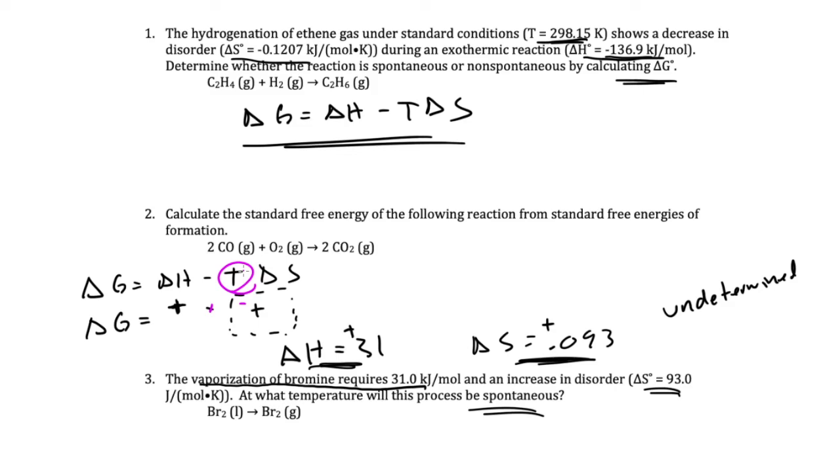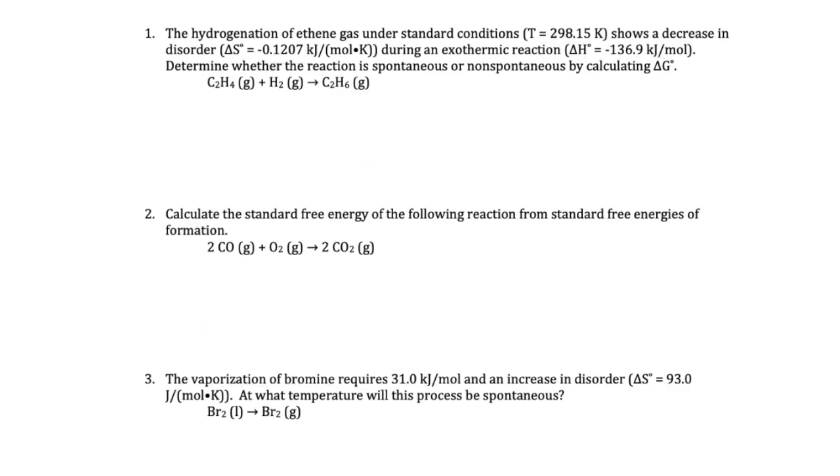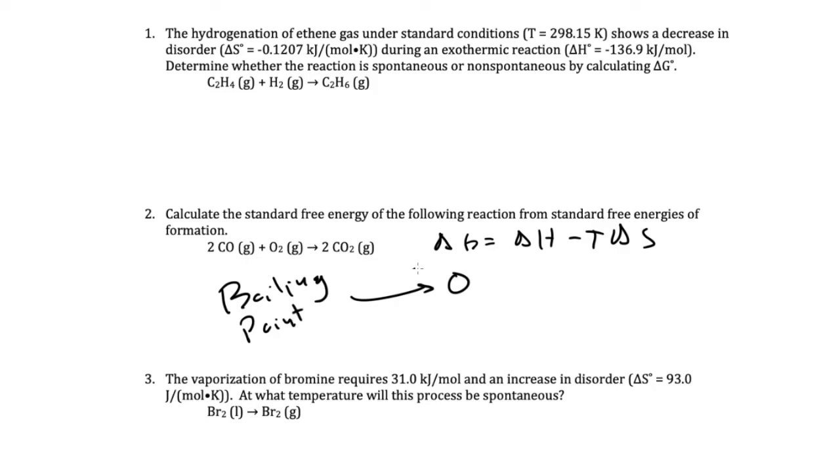The way I approach this problem, number 3, is I took my equation, delta G equals delta H minus T delta S, and I set delta G to 0. This combines a little bit of concepts that you did in Mastering Chemistry. We set delta G to 0 at the boiling point, because you're at equilibrium.